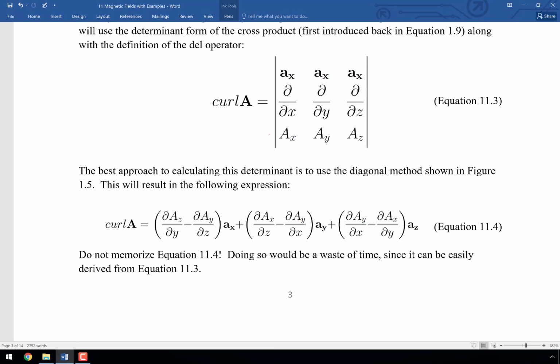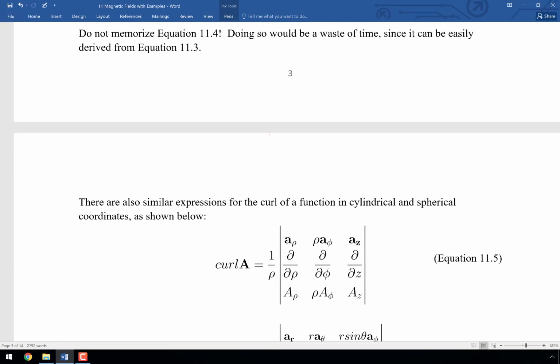But please don't memorize equation 11.4. Memorize equation 11.3 or have it readily accessible, but don't memorize equation 11.4. It is a waste of your time, and you're extremely likely to make a little mistake. If you get one negative sign wrong, then you've sort of ruined the problem. So equation 11.3 is the one to focus on.